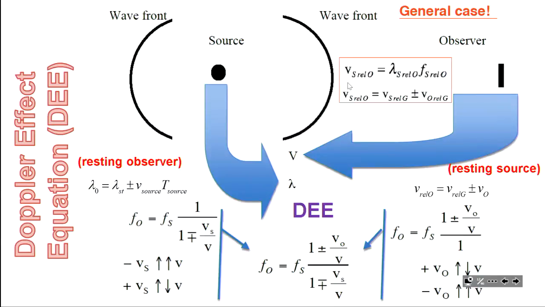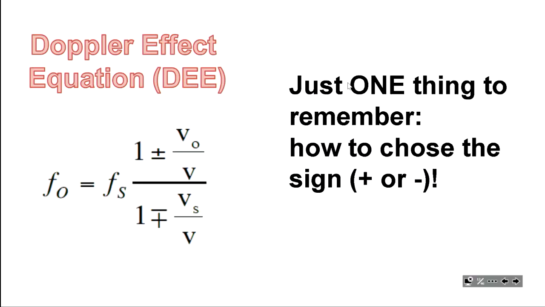We did that part when the observer was not moving. And we know that when they move together, the frequency has to be affected by both reasons. So again, all we need to know is this Doppler effect equation, and what to do about it is when to choose a plus, when to choose a minus.